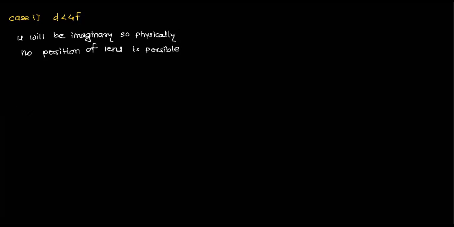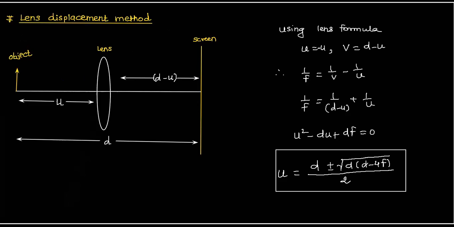Next one, case number 2. I will take the next possible case. If this d is equal to 4f, then if you substitute here in this formula, d is equal to 4f, this will become 0.